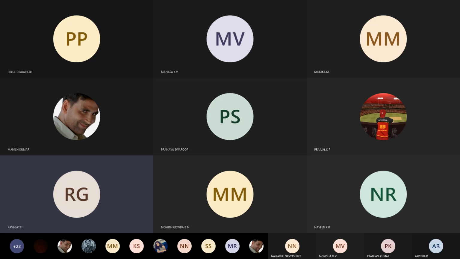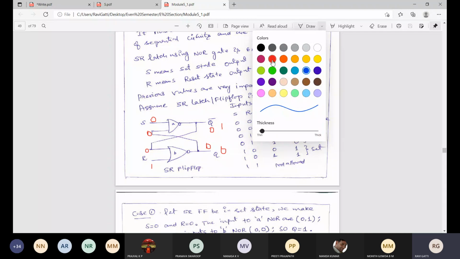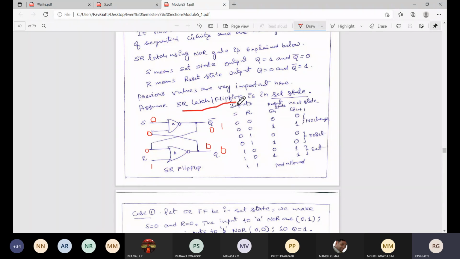To understand the sequential circuit, the first thing you need to know is the working principle of the SR latch. The SR latch is also called a set and reset latch, or conventionally it is also called an SR flip-flop.